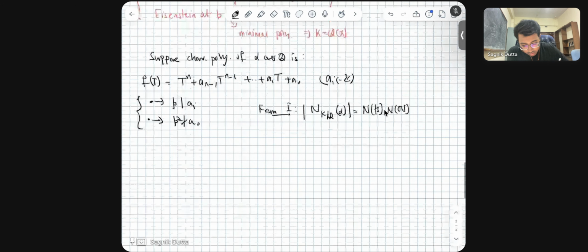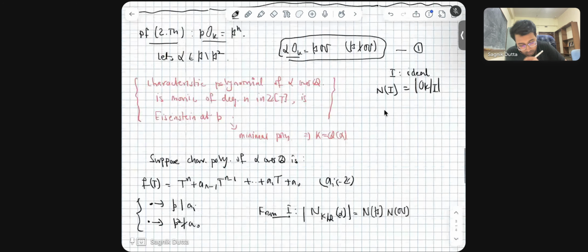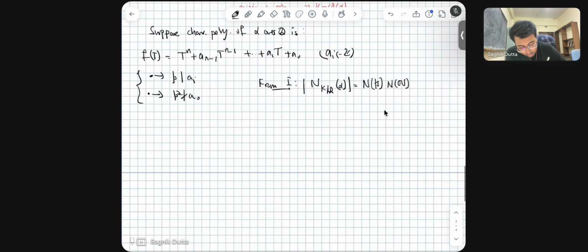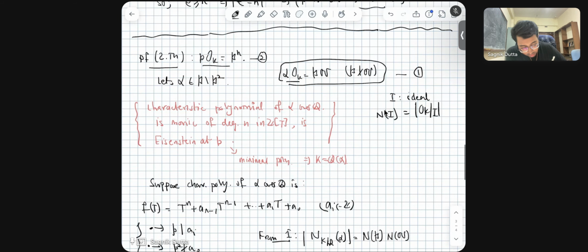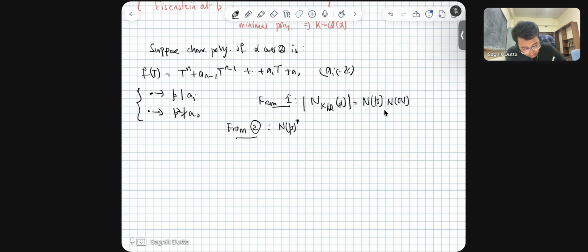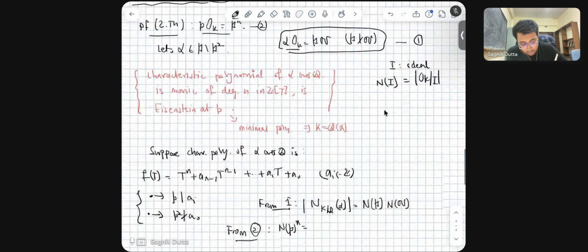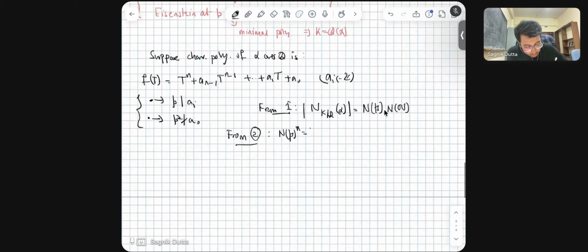But now p is totally ramified. So in equation 2, when you take the norm, the right hand side will be this, and the left hand side will be the norm of p. But p is coming from the base field, so the norm has to be p to the n, right? So that means this is p.